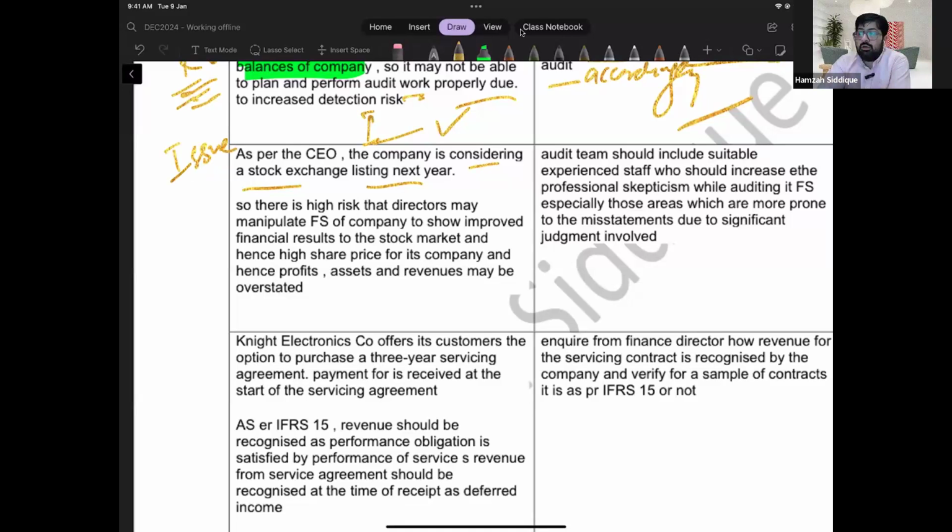So professional skepticism, that is the tool of the auditor, requires immediate alertness. The management may be manipulating the financial results to show improved results in the stock market, to increase the share price. This is the risk, and this is the impact.